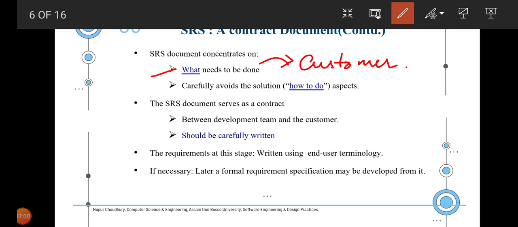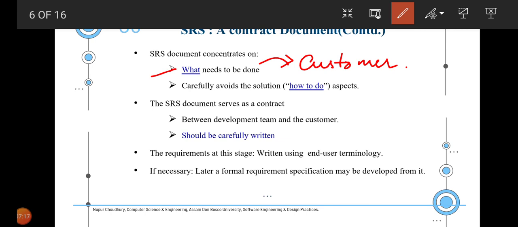For example, let us again go back to the calculator example. I want the addition of two numbers or the multiplication of two numbers, integer numbers. So that is actually my requirement. So that is what I want.